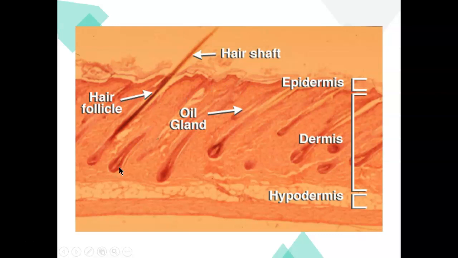This layer is the dermis, and you can see you've got hair follicles with hair shafts growing out of them that are embedded in the dermis. You also will see, as we look a little bit closer at these, you're going to have some sweat glands and some oil glands. We'll see that in a much better image. So epidermis, epi means upon, the dermis, which is the larger layer made up of connective tissues.